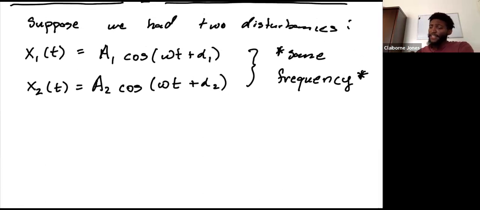The thing that we're trying to describe is what happens when these two waves, these two disturbances, occur at the same time. What we will do is make a guess. We'll guess that the two waves add together. The adding of these two waves is what we call the superposition of the wave.